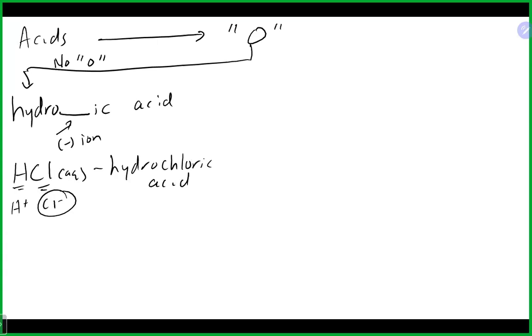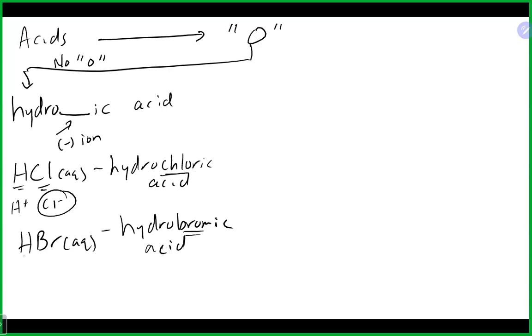The negative ion is the missing piece. If I had HBr that was aqueous, this would become hydrobromic acid, as again, there's no oxygen involved. So this would be hydrobromic acid.